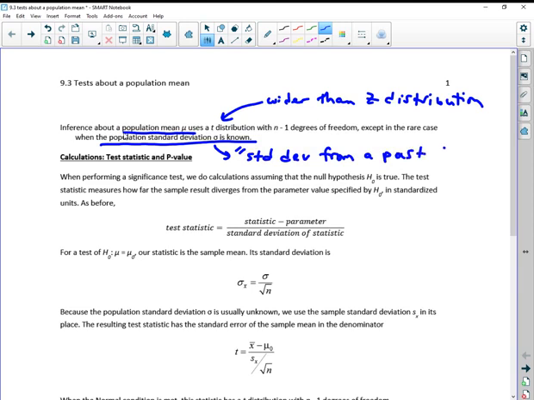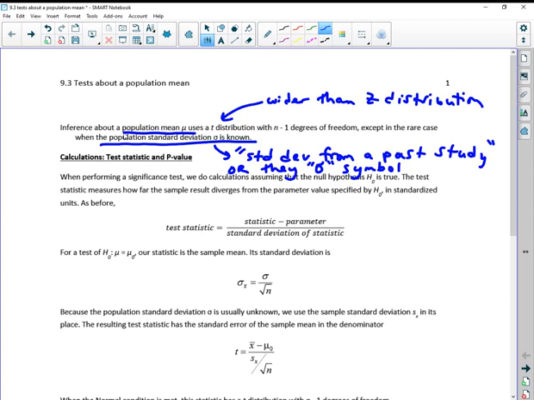So they say, last year the standard deviation was this, and now you're doing a new study with this old standard deviation that you had from the past. Or they would explicitly tell you by using the sigma symbol, and that would tell you that it's a known standard deviation because they stated it with the actual symbol.